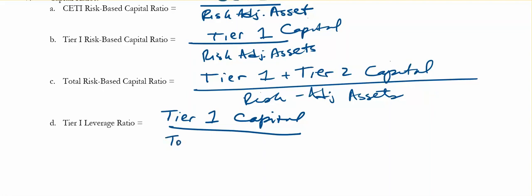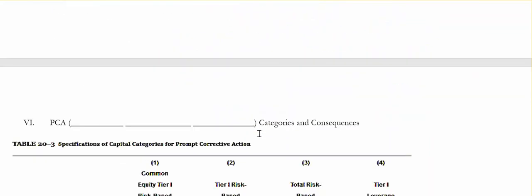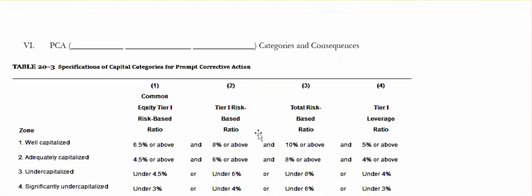So basically just the total assets plus off-balance sheet assets or contingent assets. Now these ratios all translate to something, and they're important for what's called prompt corrective actions.